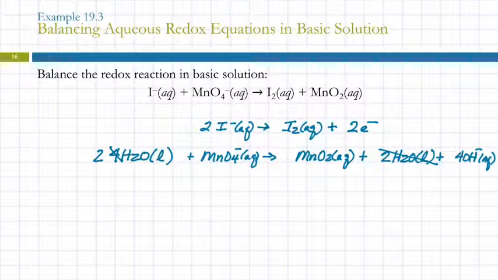When I look at this bottom equation, I have a -1 charge here, that's neutral. Over here, that's neutral, and I have 4 negative. So there's a total of -4 on the right side and -1 on the left side. So I need to add how many electrons? 3.